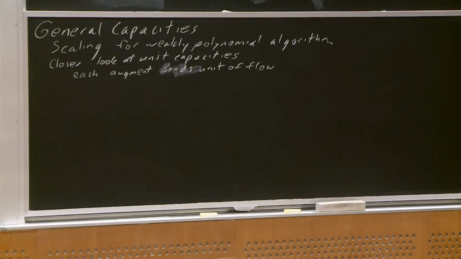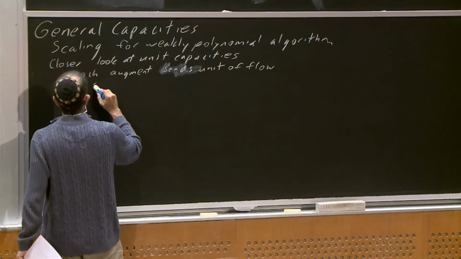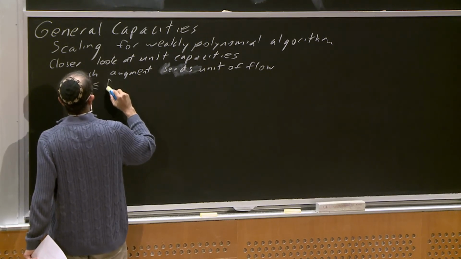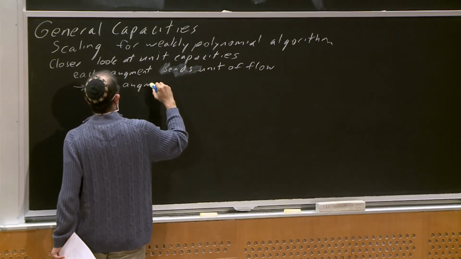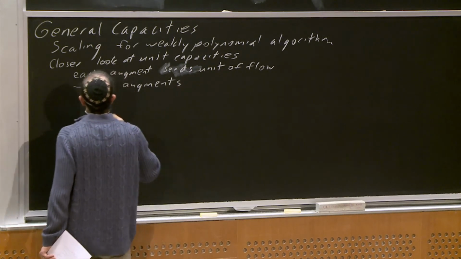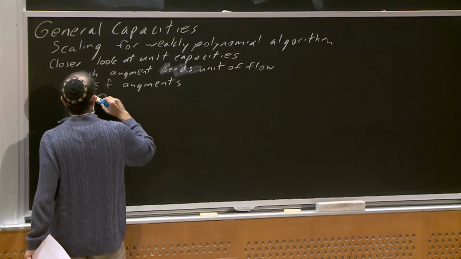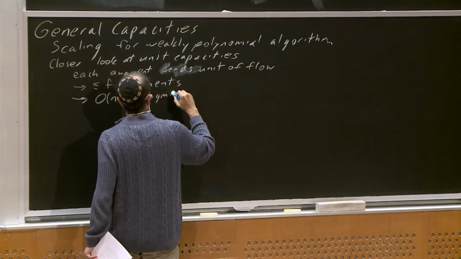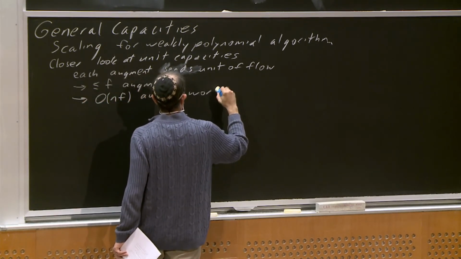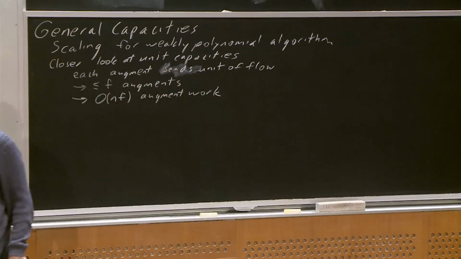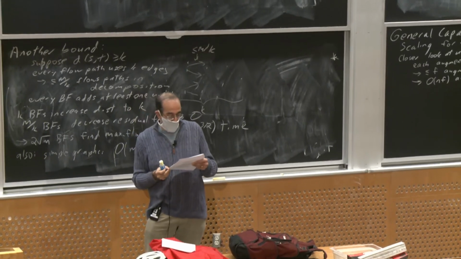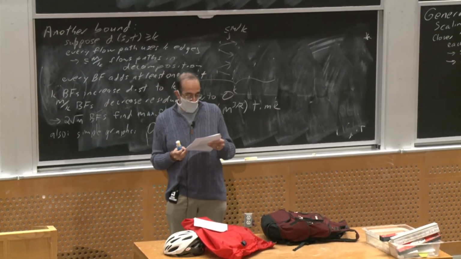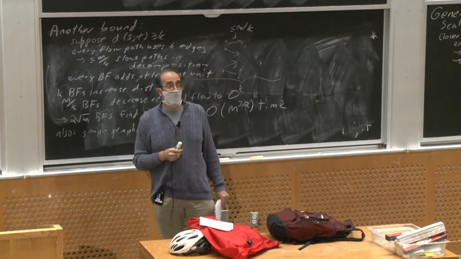So if every augment sends 1 unit of flow, that implies that we have at most f augments if the flow value is f. And that implies that we only do order nf augment work. Correct?